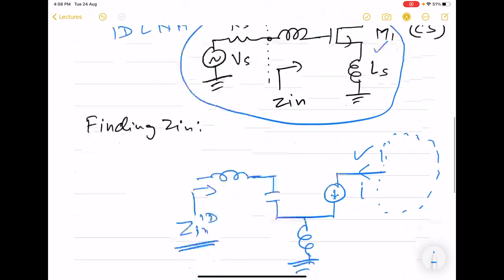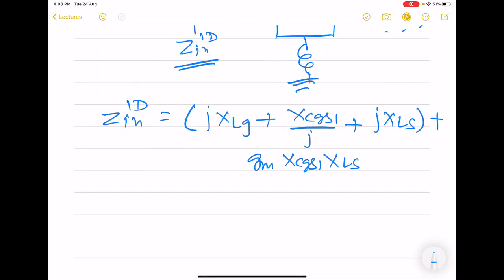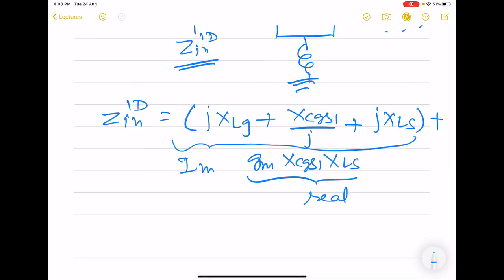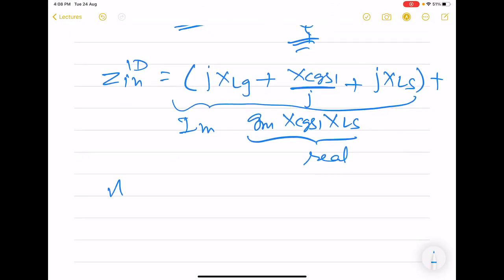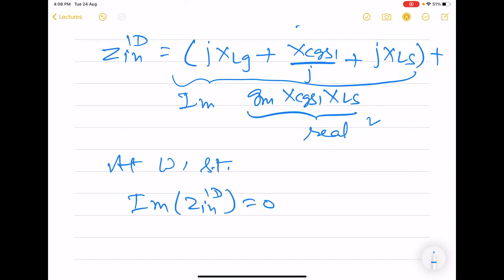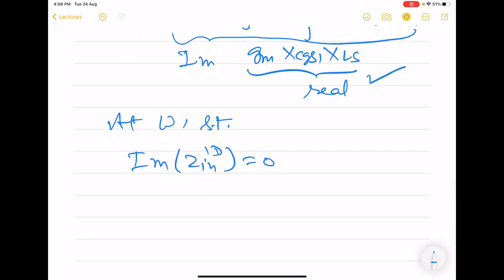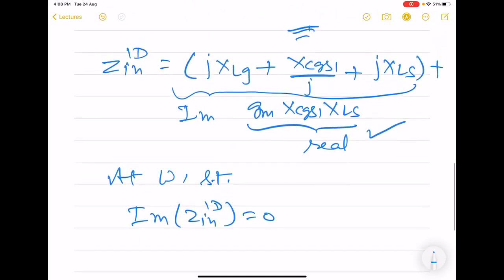So the input side will be exactly the same as that of the ID case. Here we found that this part is real while this part is imaginary. And we found that at omega such that this imaginary part, imaginary of Z in ID, is equal to 0, Z in reduces to a real number equal to this. And this frequency will be given by this.